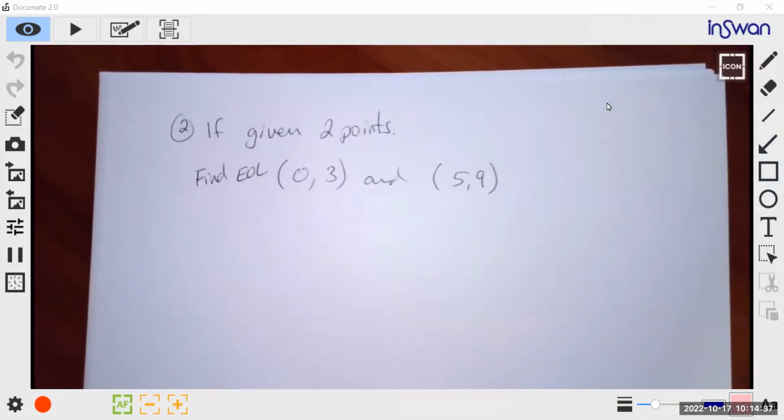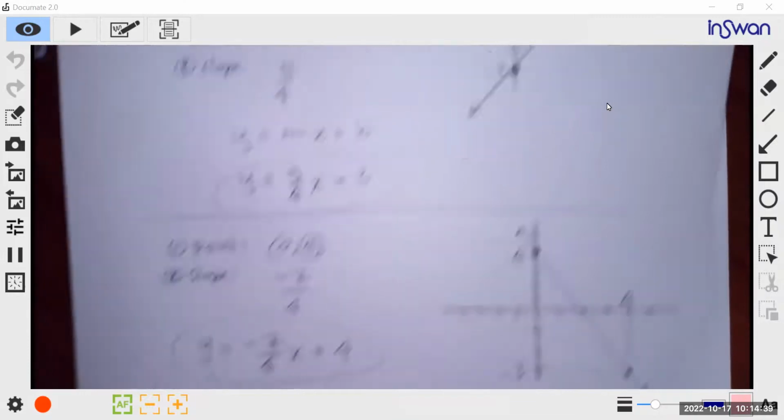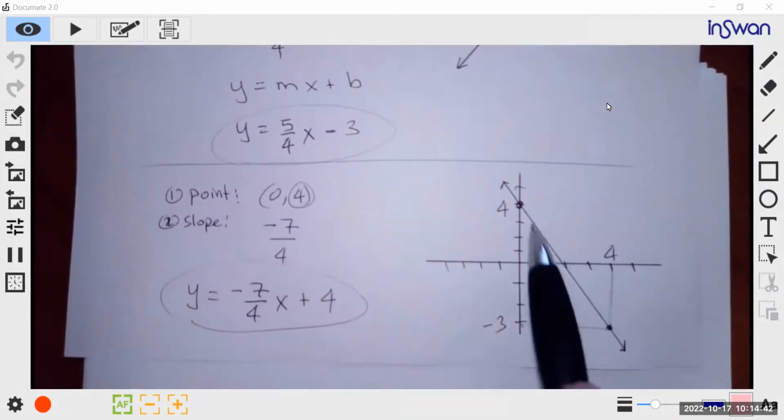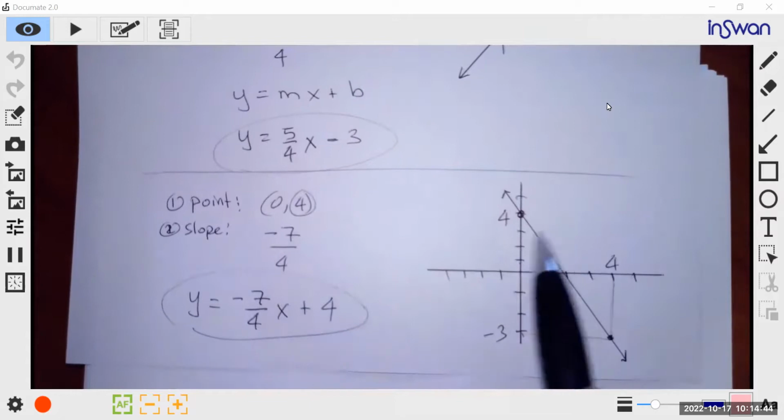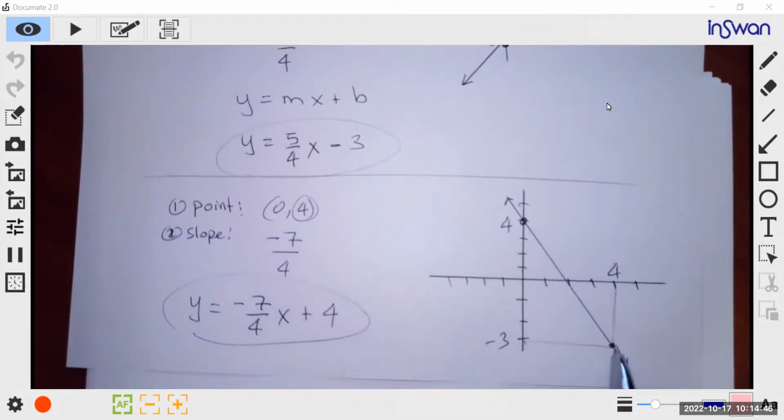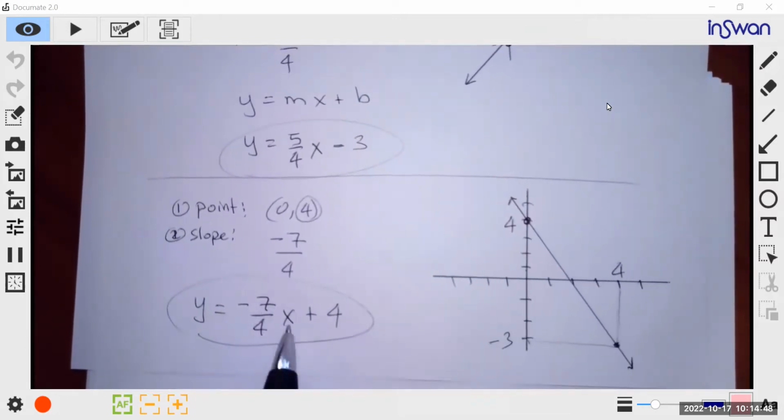Oops, I forgot to press record. So we had the y-intercept is 4. Our slope is down 7/4. So our equation is -7/4 x plus 4.